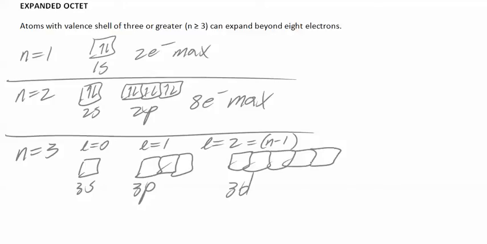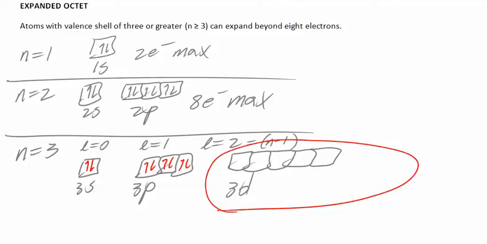And there are 5 orbitals in there. So not only can we fit 8 in the 3s and the 3p, but we've got more room, more pockets, more places to put orbitals. They're not always used, but they're still there to put more than 8 if you need to have more than 8.